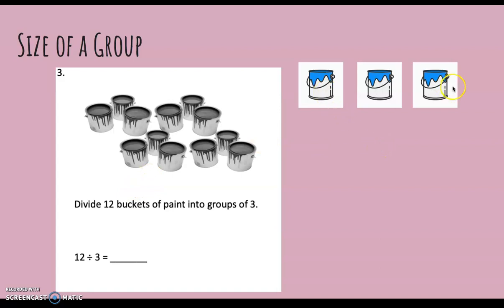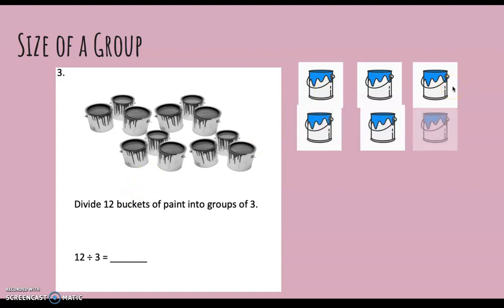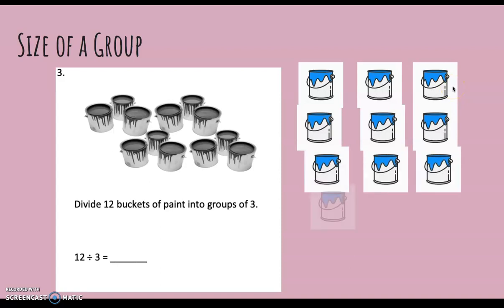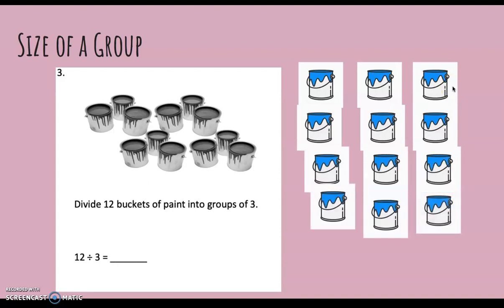So I have 3 buckets, 4, 5, 6, 7, 8, 9, 10, 11, 12. Now I count how many buckets are in each group. 1, 2, 3, 4. The answer is 4.